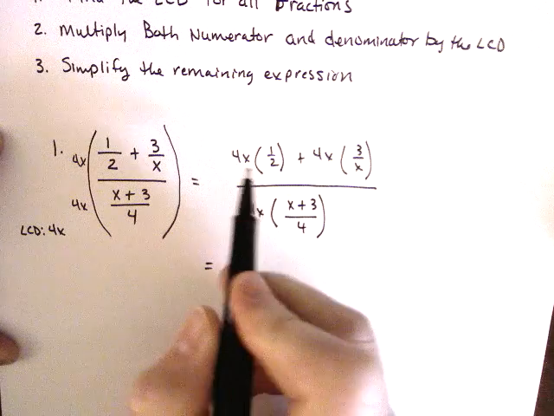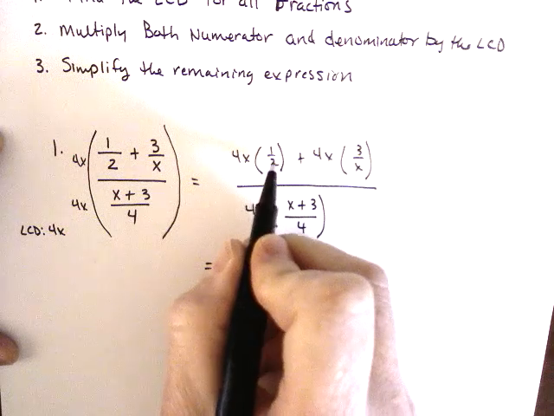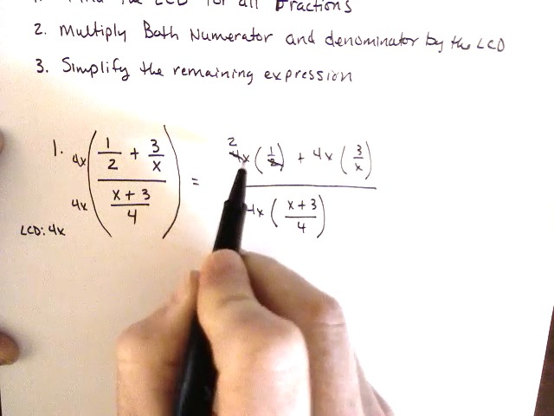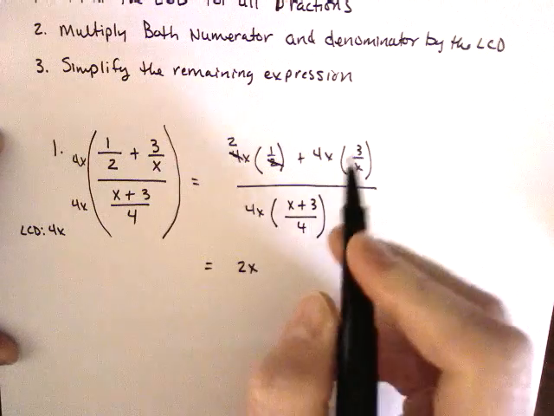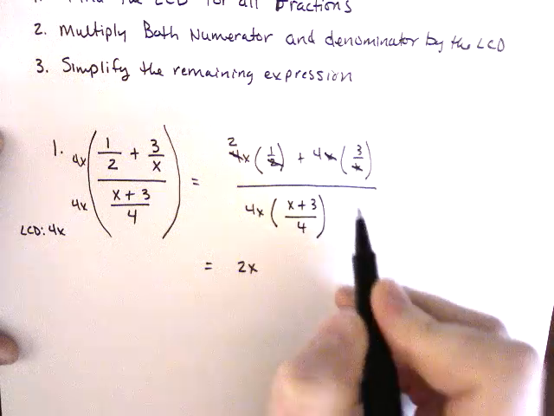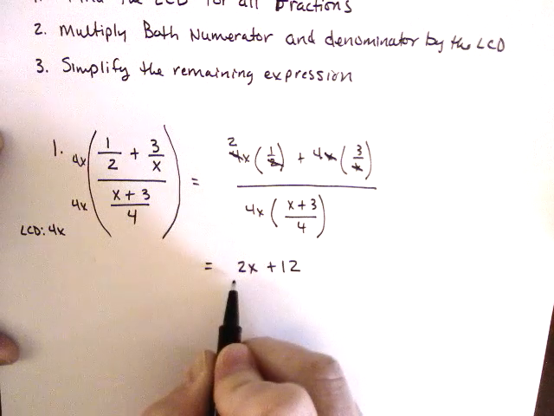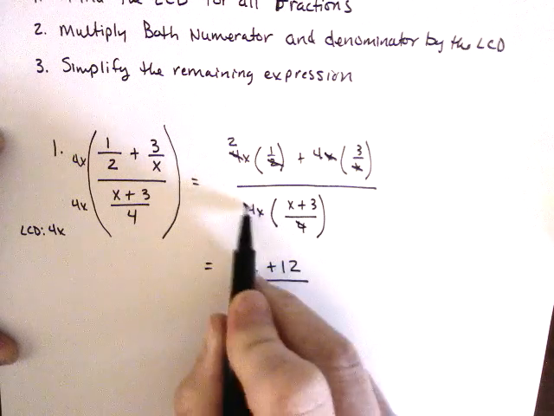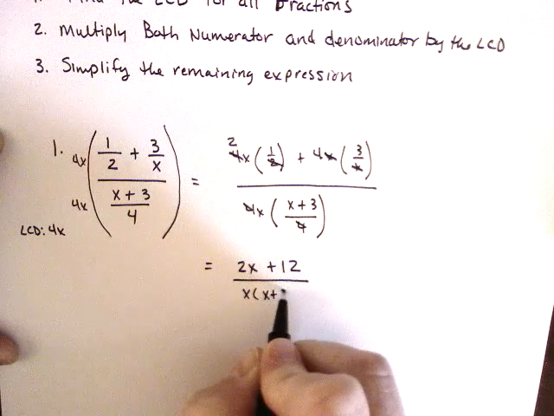Now what you can see is the denominators are all going to cancel out in all these expressions. The 2 will cancel with the 4 becomes a 2, so we have left 2x times 1, which gives us 2x. Over here, the x's will cancel, and we have 4 times 3 left, which is 12. Divided by, on the denominator, the 4's will cancel, and we have to multiply x by the x plus 3.